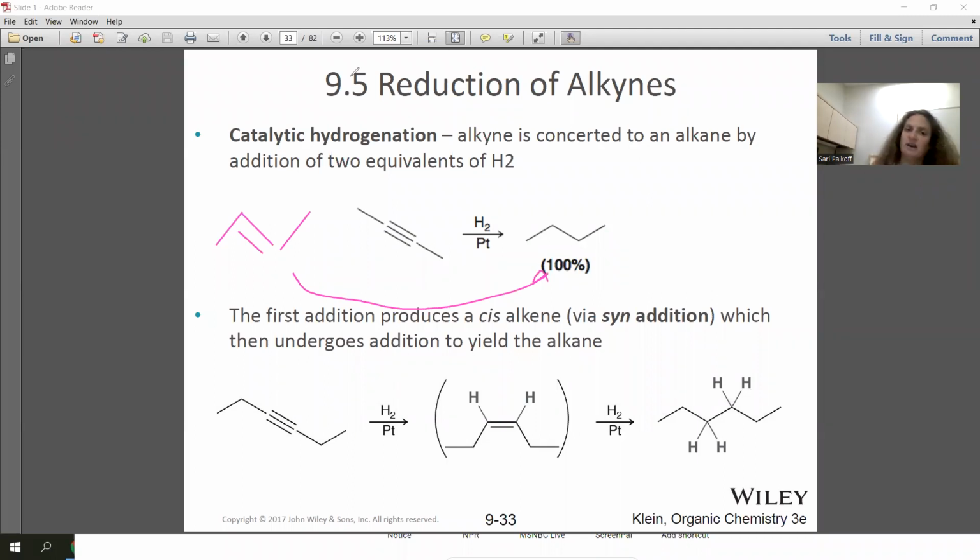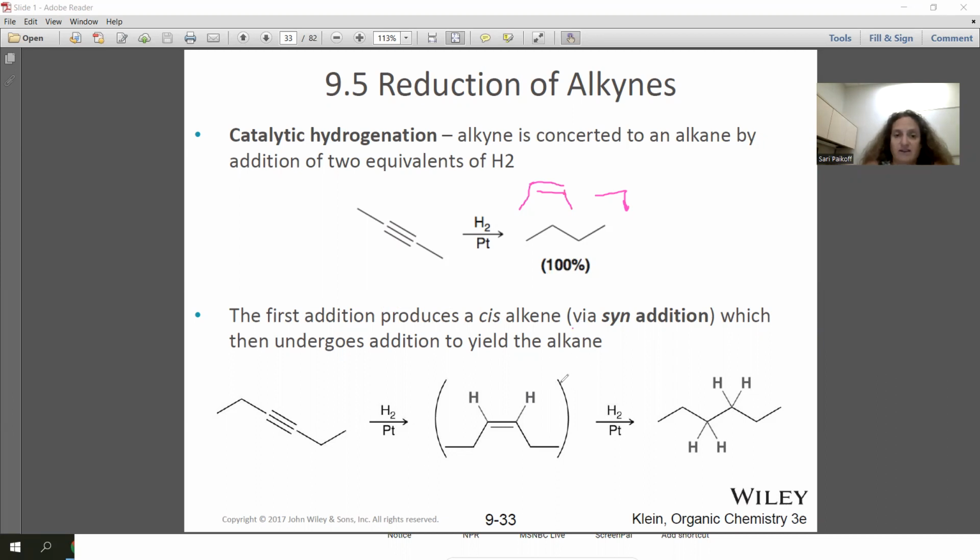So when I'm doing the same reaction with the alkyne, if I'm just adding hydrogen, it will first form the alkene. And remember, it's going to form that cis alkene. Then it's going to go on with more hydrogen, because we can't use just one to one; you're basically saturating your flask with hydrogen.